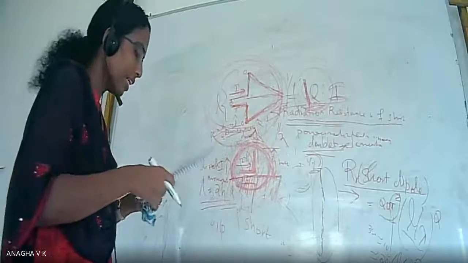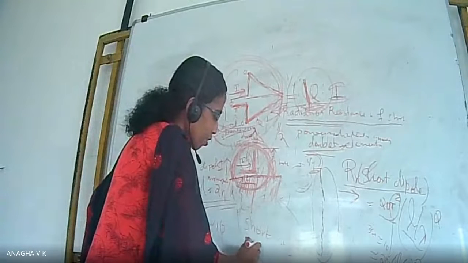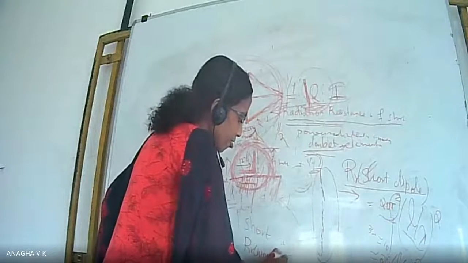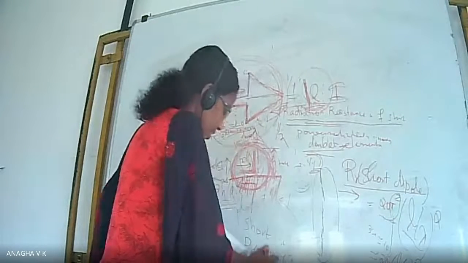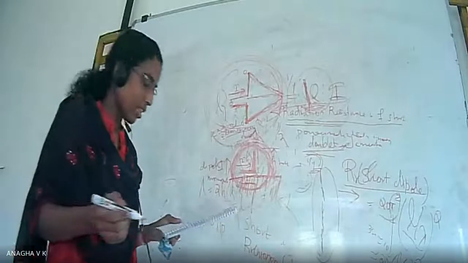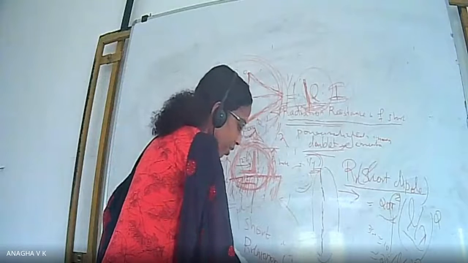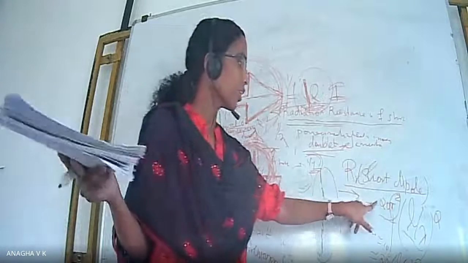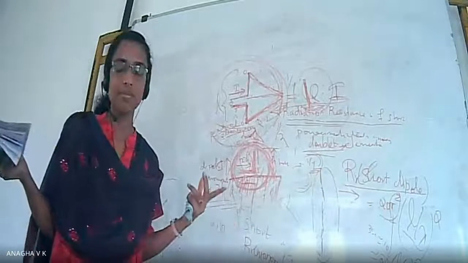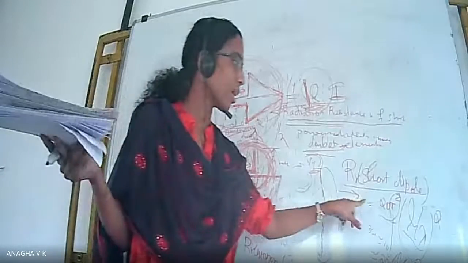So what will we get? The radiation resistance of the monopole is equal to 10 pi square. Look here, the radiation resistance is based upon the power.